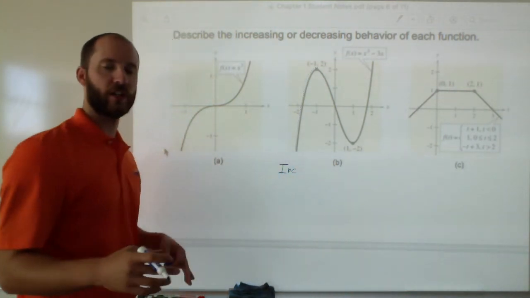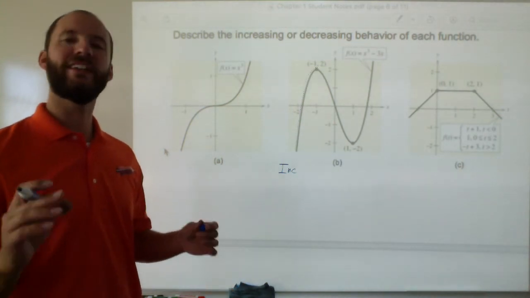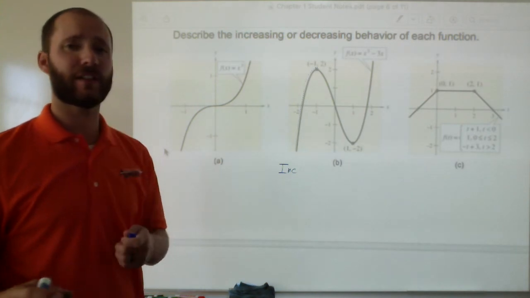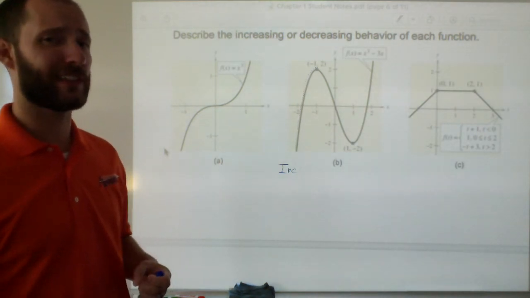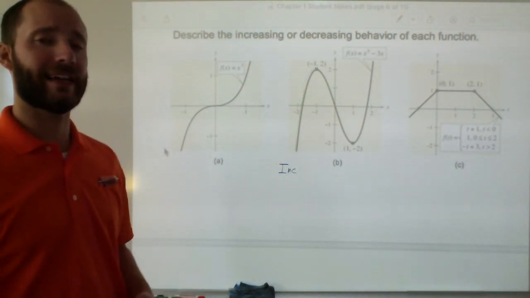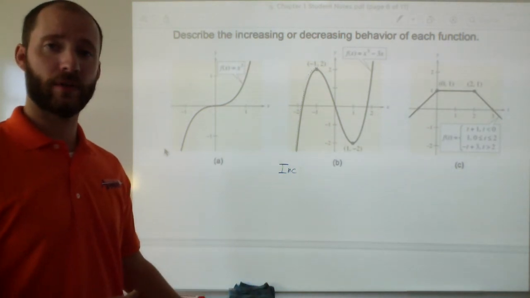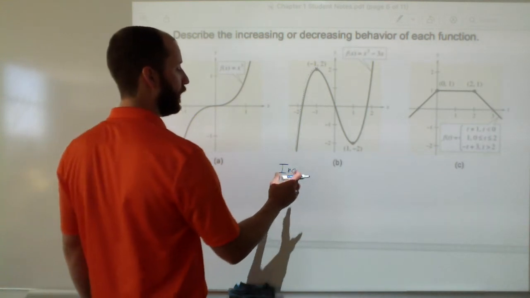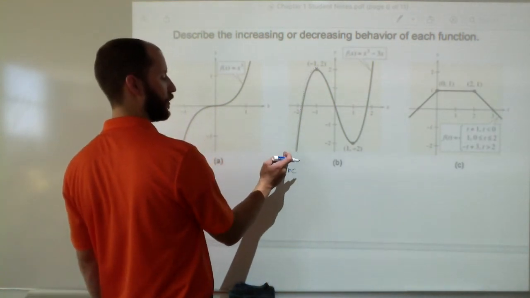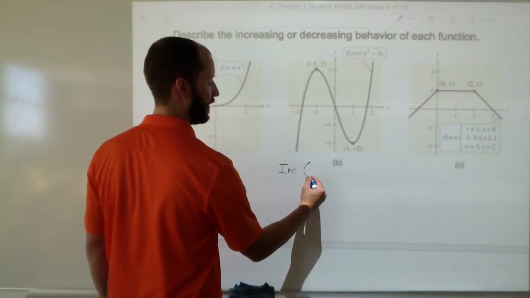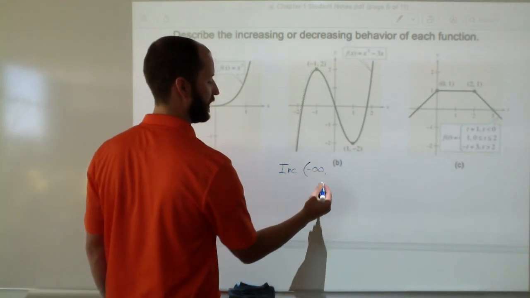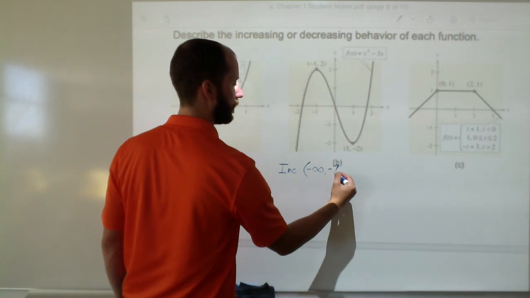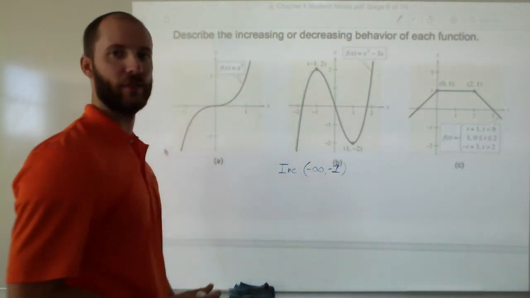Now we're going to use what's called interval notation. Now it's going to look a little like something else you've seen before. It's going to look like ordered pairs. This is where context is important. What are we talking about? And then the notation serves what we are talking about. So this function's increasing from all the way over here off the graph, from negative infinity all the way over to x equals negative 1.